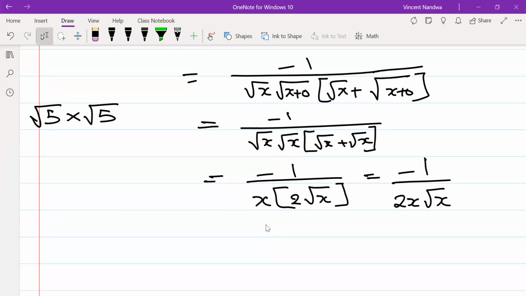And if you are to put those values to the same power, remember we have x, when I don't have a power, it's like x to the power 1. And then root of x means x raised to the power 1 over 2.